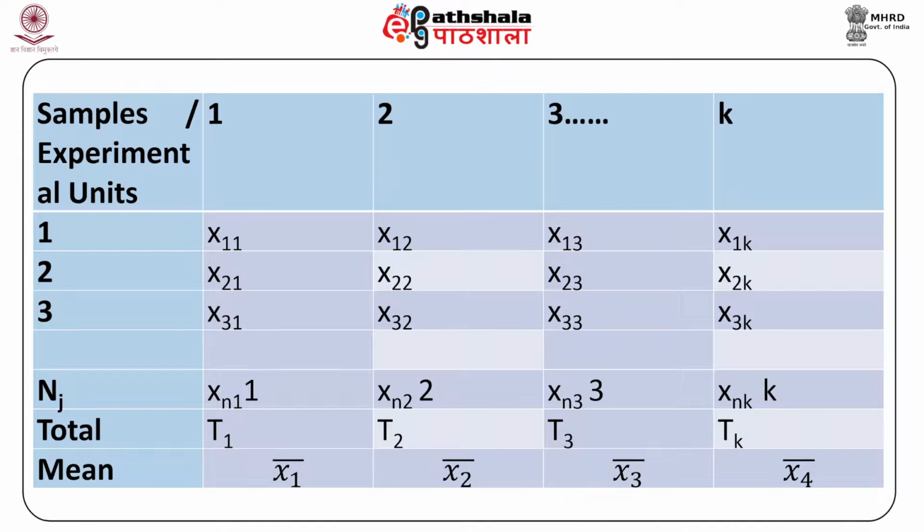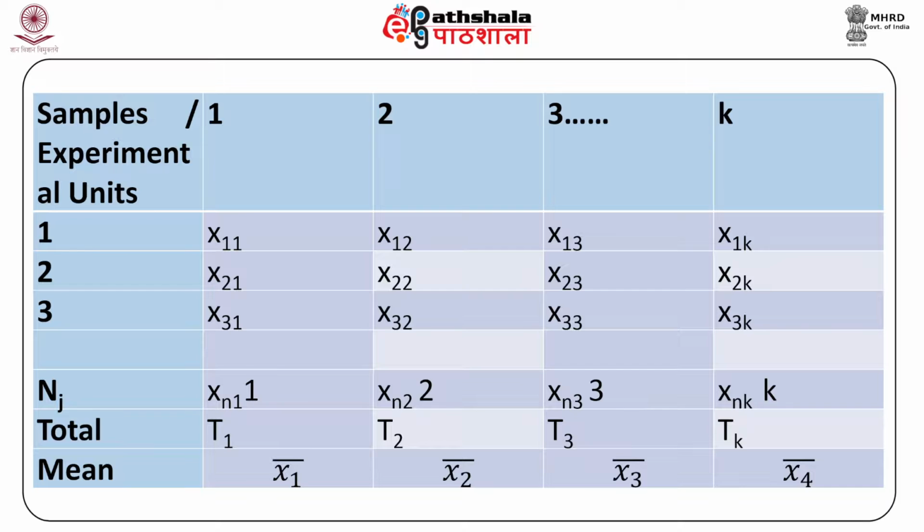Tabulating the general model, the one-way ANOVA table can be written as follows, where we have the treatments or factors and the sample or experimental units written as 1, 2, 3, and so on up to nj, and the factors 1, 2, 3 up to k. The cell values are denoted as x11, x12, and so on up to x1k in the first row.